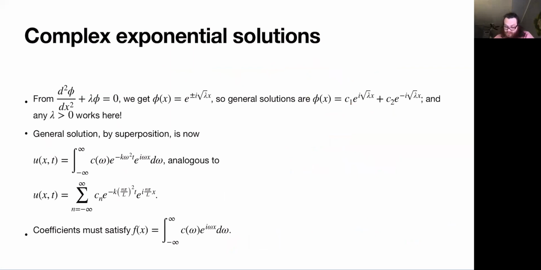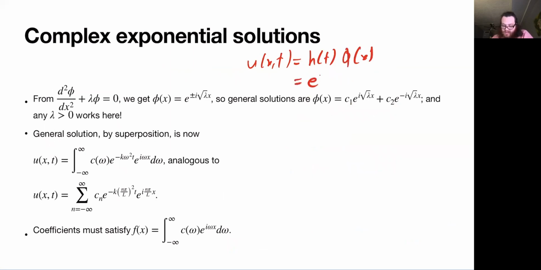Right, so as we just computed, here are solutions. This is our general solution to that ODE. And again, it doesn't matter what lambda is, as long as it's positive, this is solved. And so again, by superposition, u of x comma t is the time piece times the spatial piece.